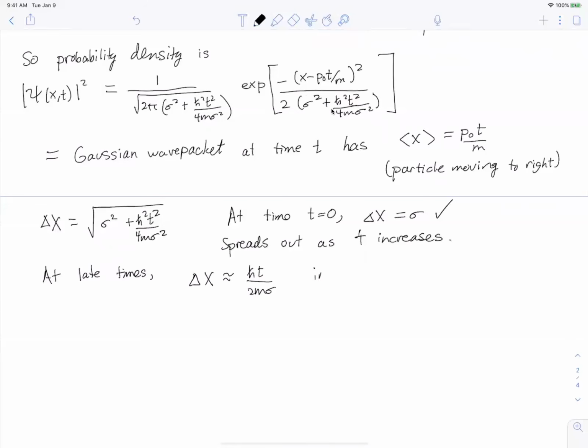So ironically, you get a larger delta x at large t if you try to make it be small, so small sigma, which means that you had delta x small at t equals 0.